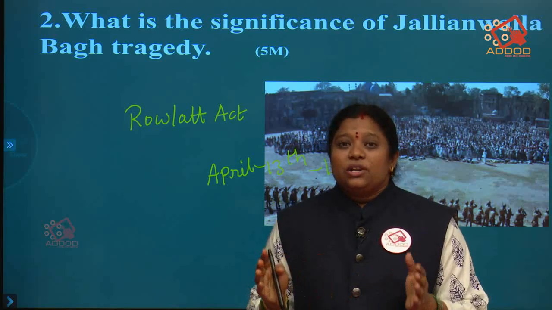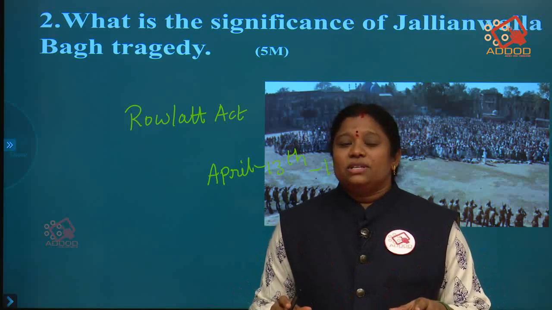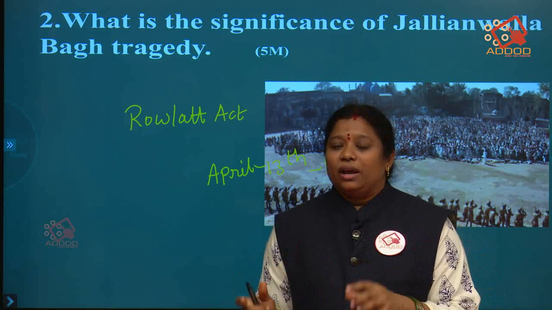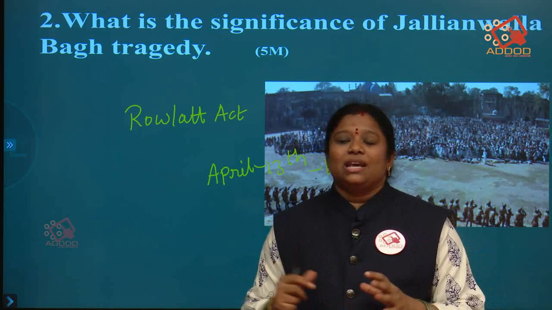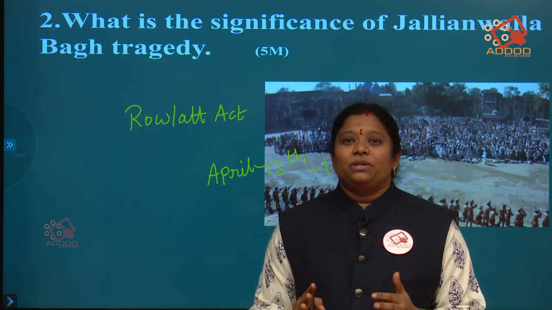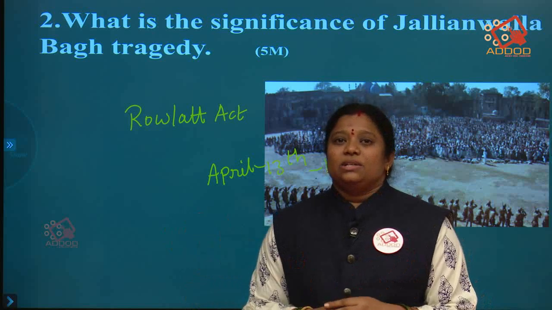And General Dyer entered the place, and all of a sudden opened fire on the people without giving any warning, and there was no chance to escape from that area. In that, a mass killing took place, and especially innocent people lost their lives in this tragedy.